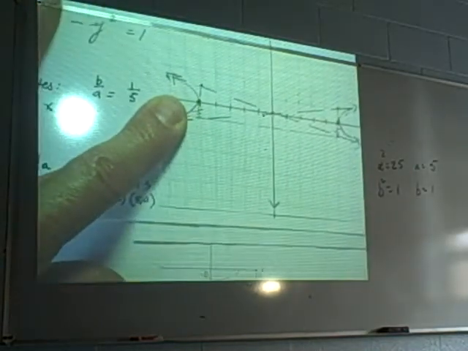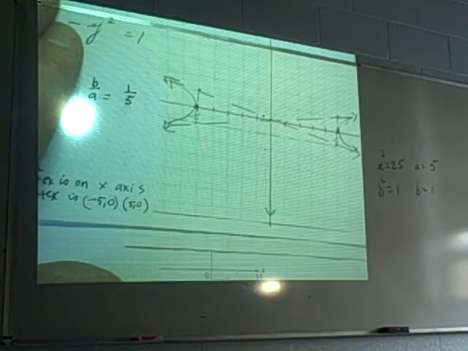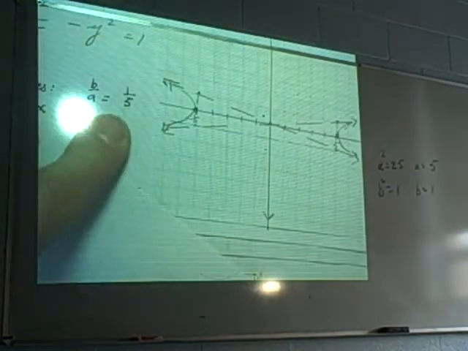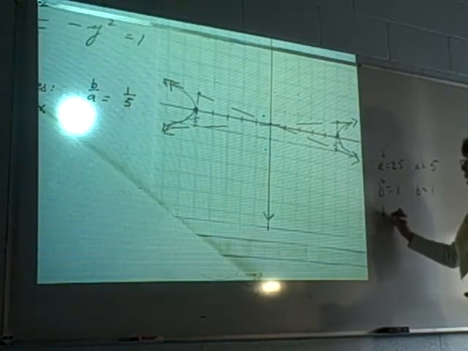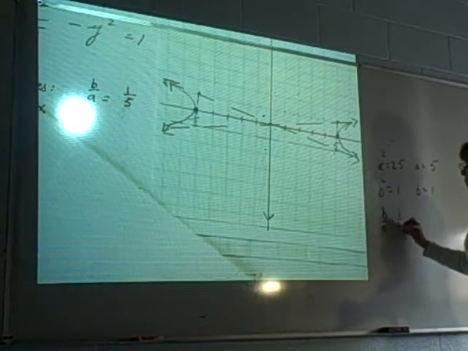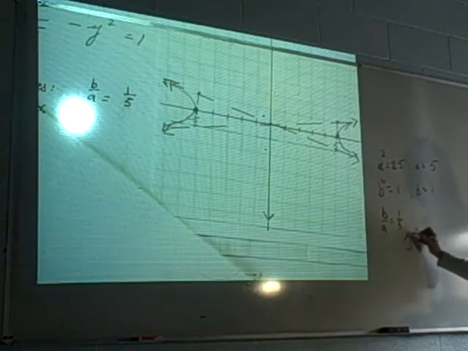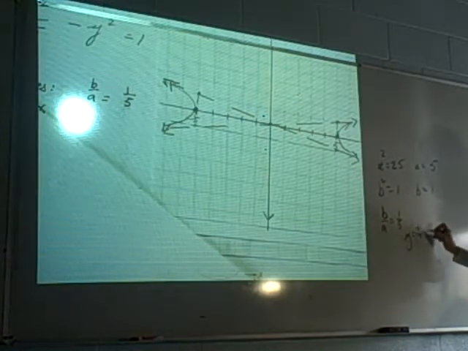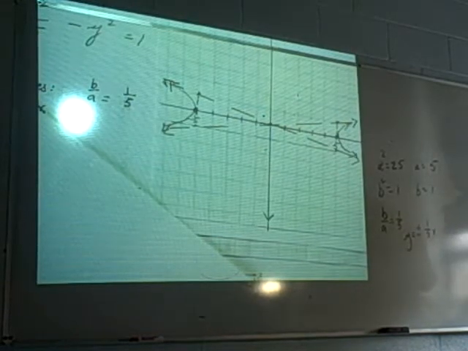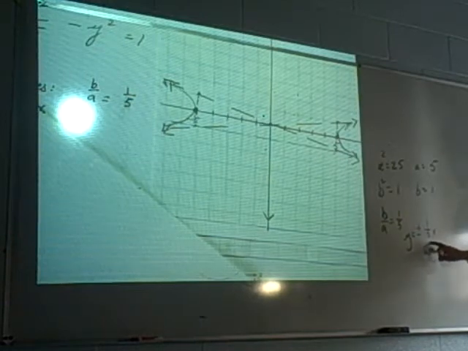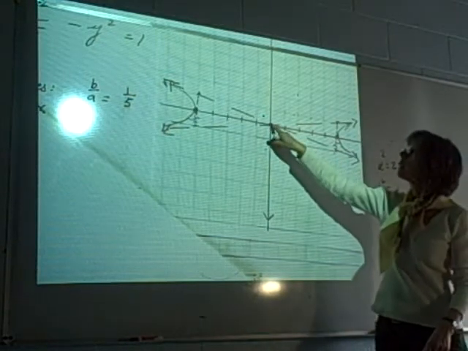My asymptotes go through the center, so I know that b over a is equal to 1/5, and I am going to graph y equals plus or minus 1/5 x. Okay, so I know that 1/5 is my slope, and it's going to go through the origin.